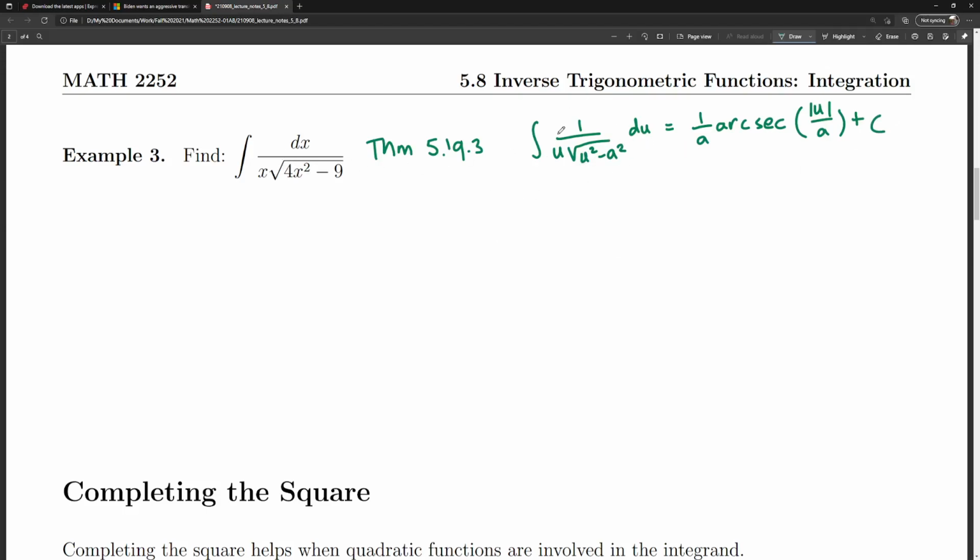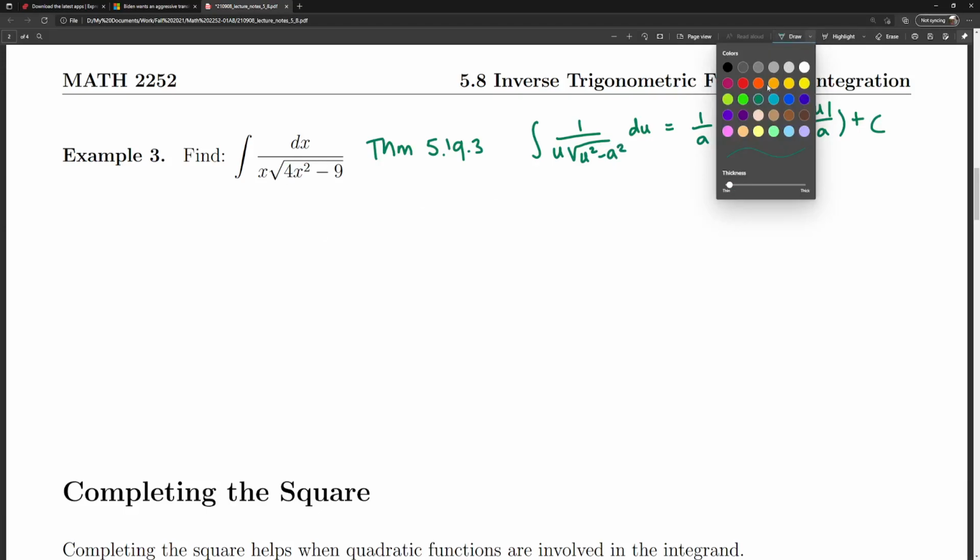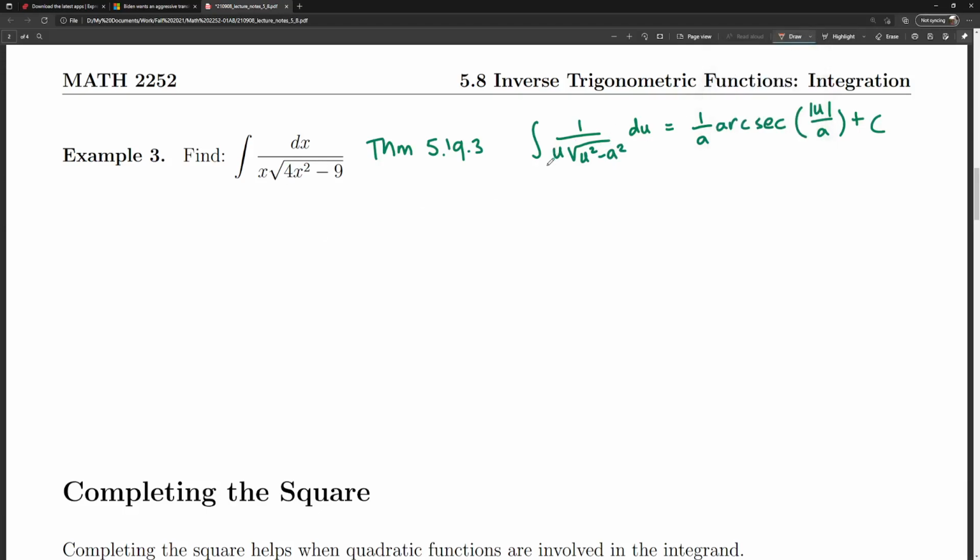So we see this one applies because we have variable squared minus constant squared. So let's determine what the values of u and a are.